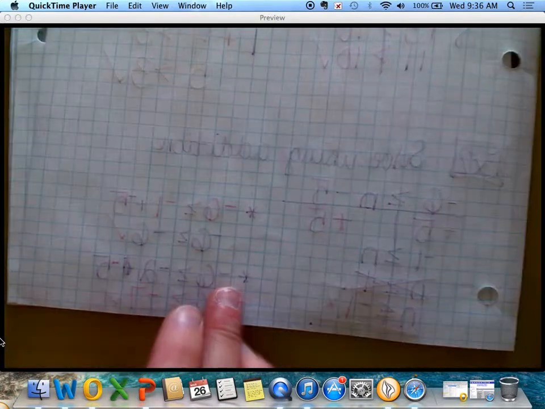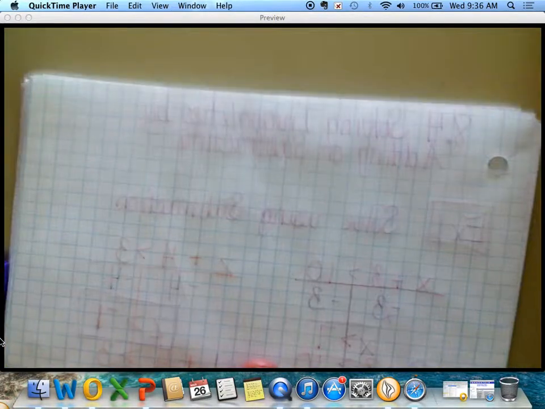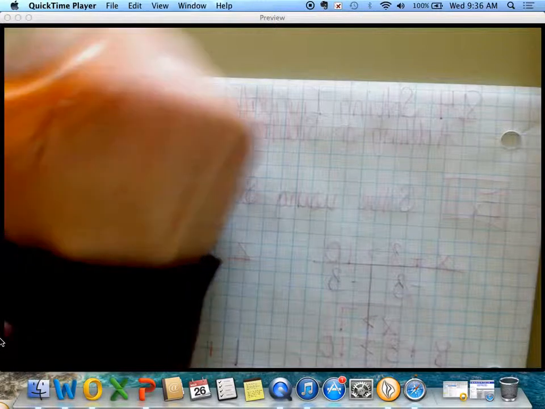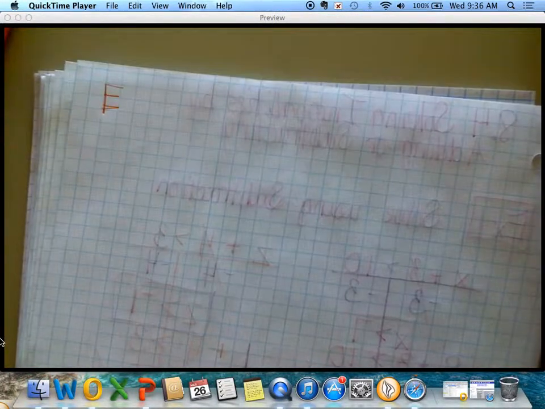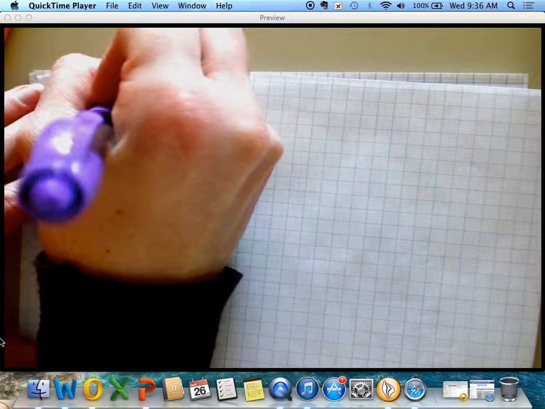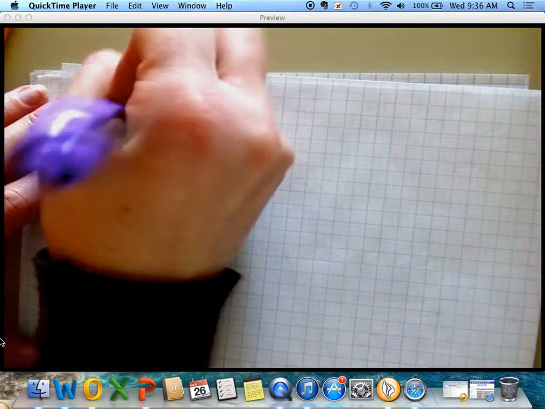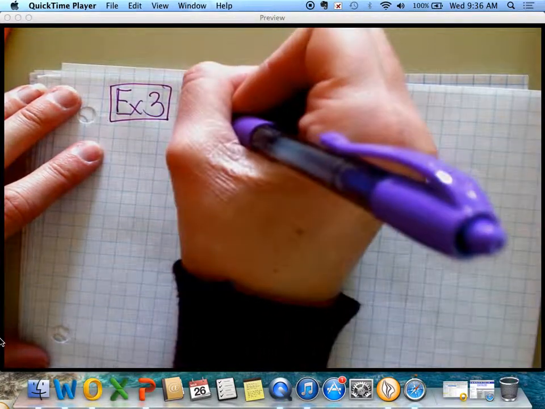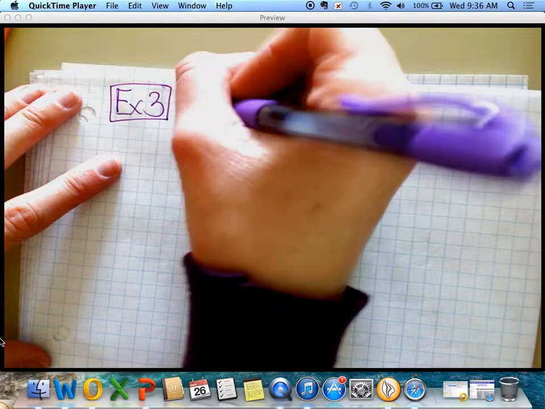Example 3. Graph solutions of inequalities.